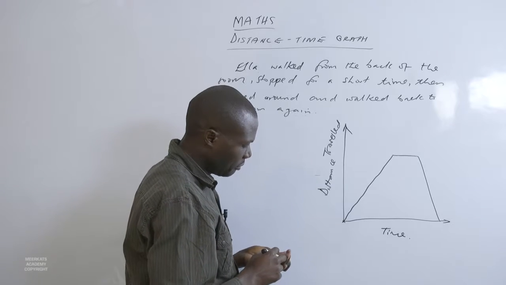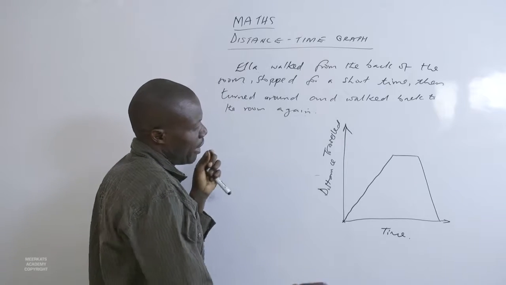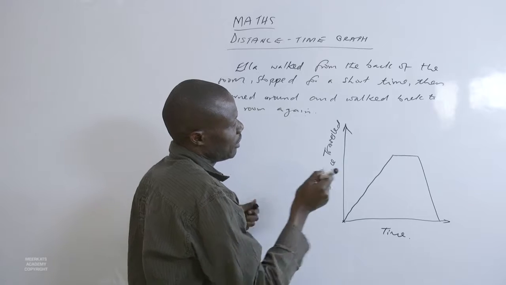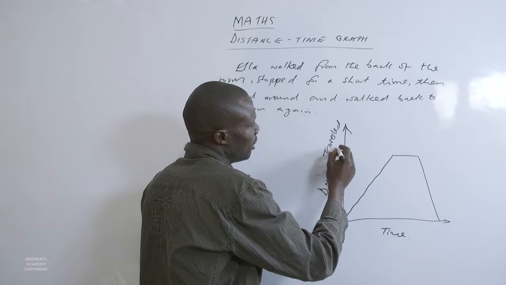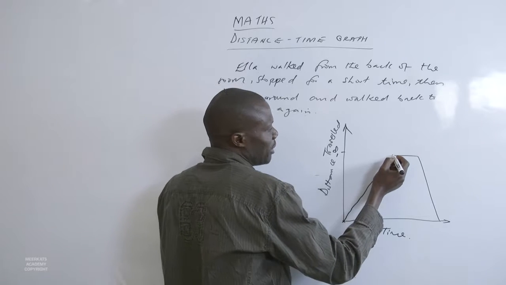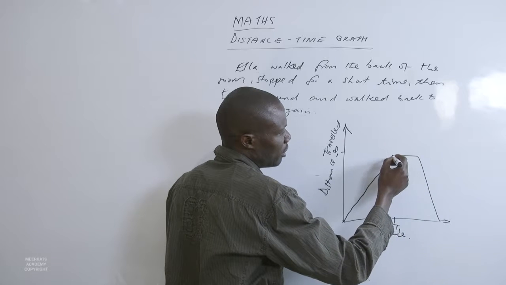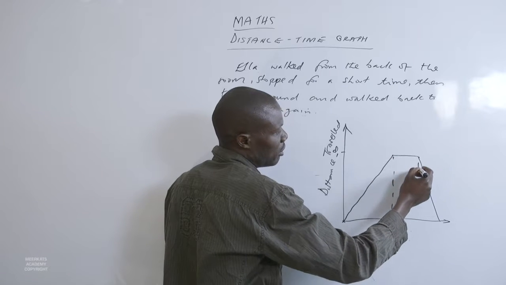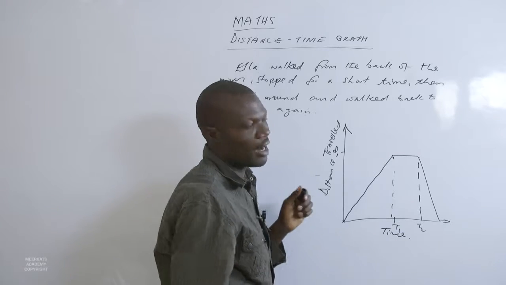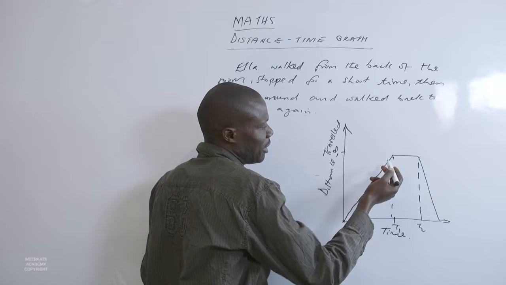In this graph, we are seeing that Ella walked to cover a certain distance. Let me call it D1. Having covered the distance D1, she rested from time T1 to time T2. You see, between T1 and T2, nothing is taking place.